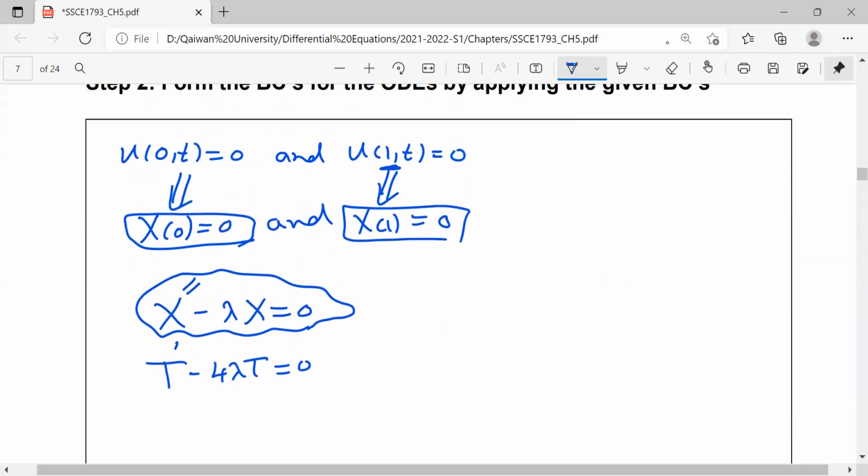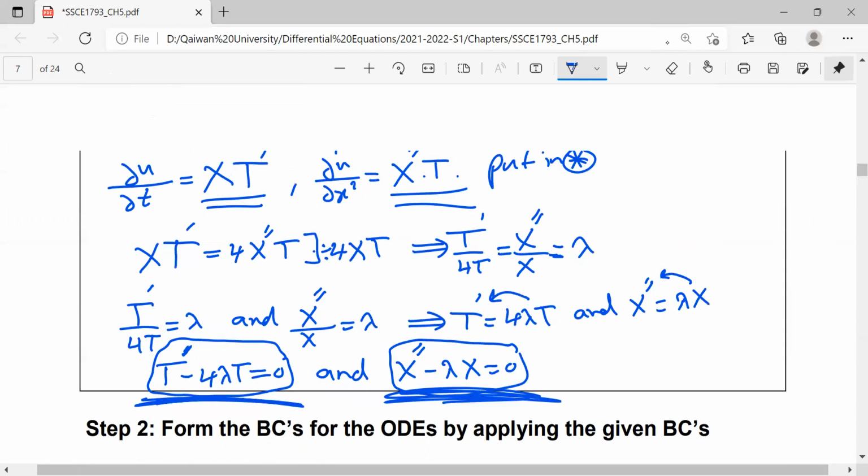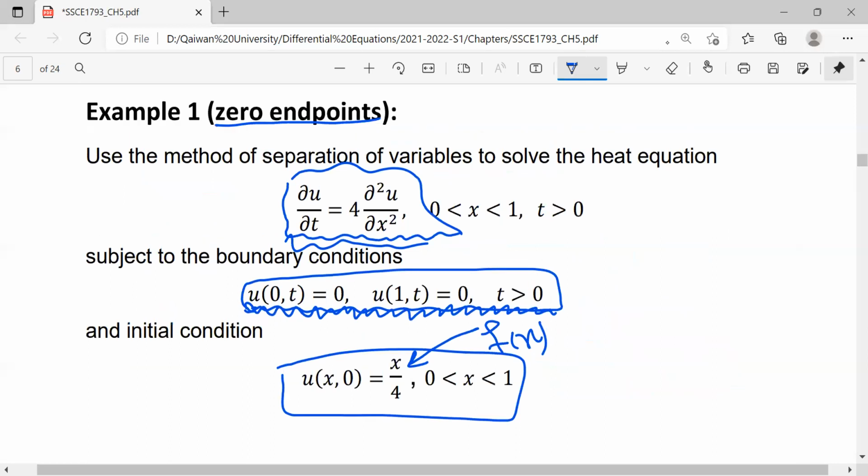Look, we found the boundary conditions for the differential equations, which are X of 0 is 0 and X of 1 is 0. You find the boundary conditions for the differential equation from the given conditions for the partial differential equation.